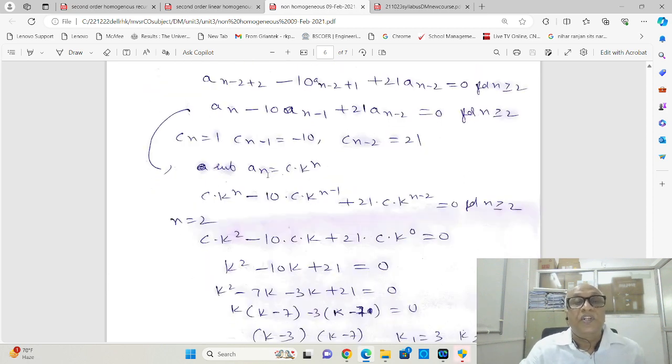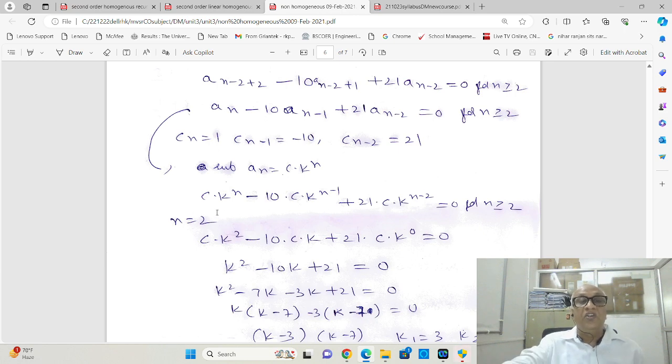So what is the general solution? Wherever an is there, we substitute that with c k to the power n. So that becomes c k^n minus 10 c k^(n-1) plus 21 c k^(n-2) equal to 0.